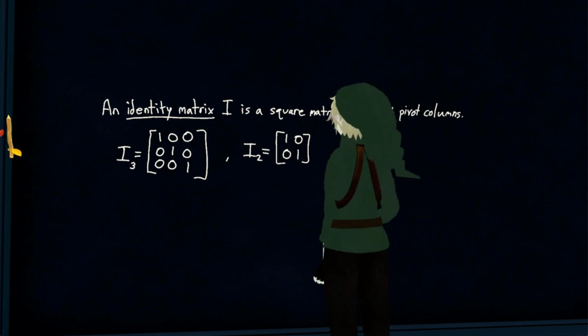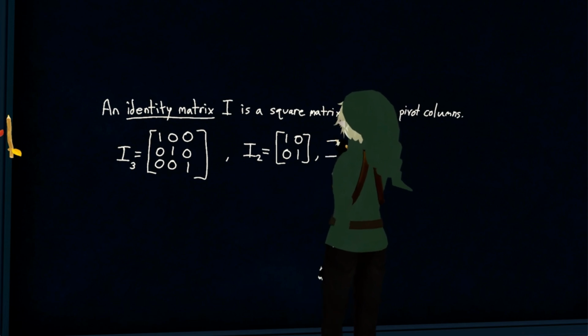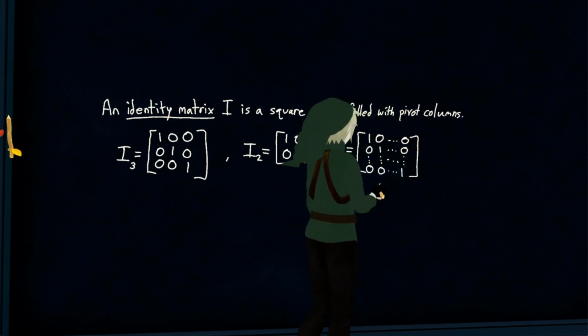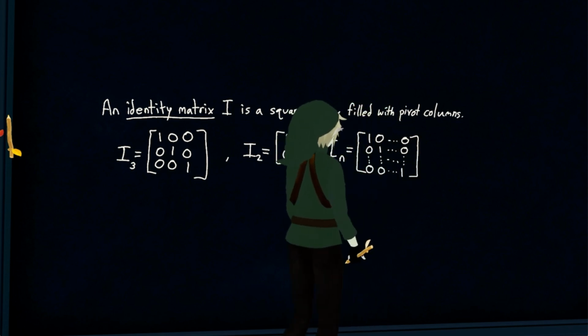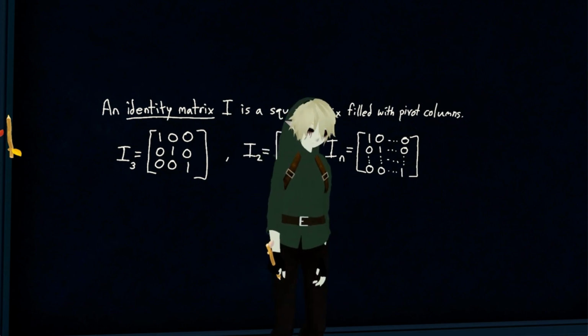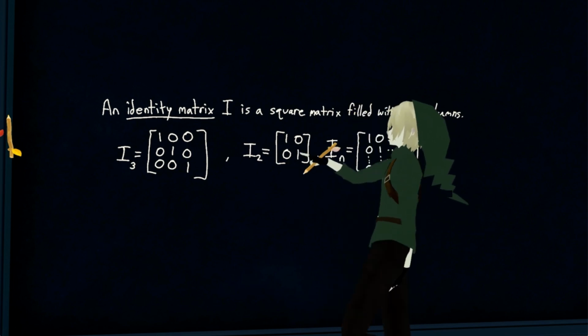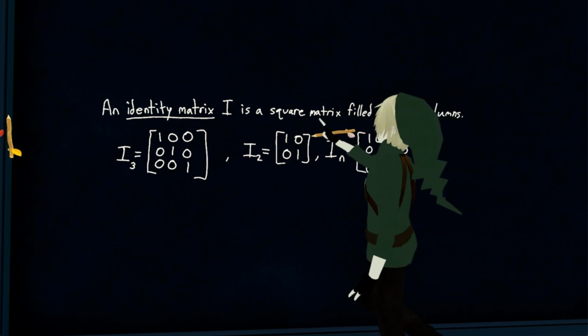All right, and then of course, if you want to generalize it using that intimidating picture again, for however many n by n matrix. Okay, so again, just to remind you, I must be a square matrix.